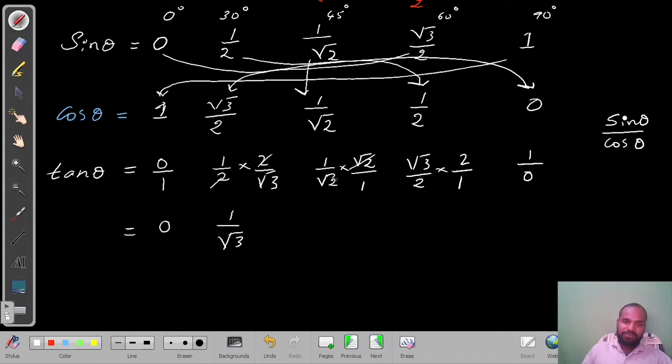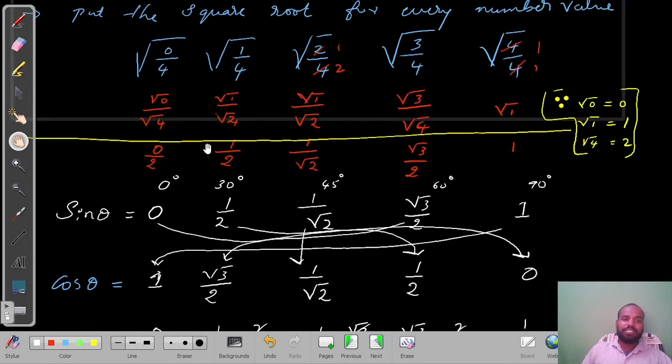Tan 45 is 1. Next, tan 60: here the 2 is going to cancel, so tan 60 is root 3. And tan 90 is 1 by 0. So you don't get confused here, a little bit of confusion will be there.